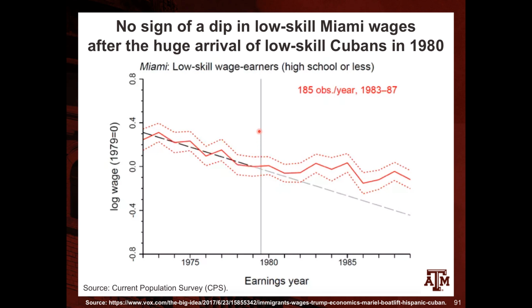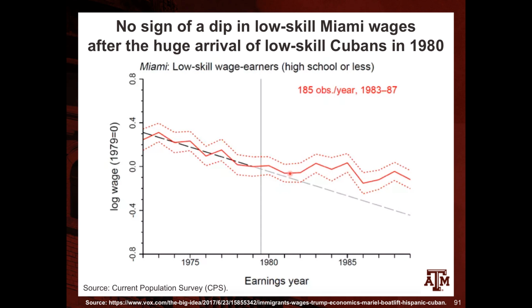And then in 1980, when you have that process happening, what you see is that among this group, these people start to have a more stable level in their earnings. Their earnings were declining before 1980, and with the increase of immigrants coming from Cuba to Miami, their earnings, instead of continuing to drop as in the past, stabilized.